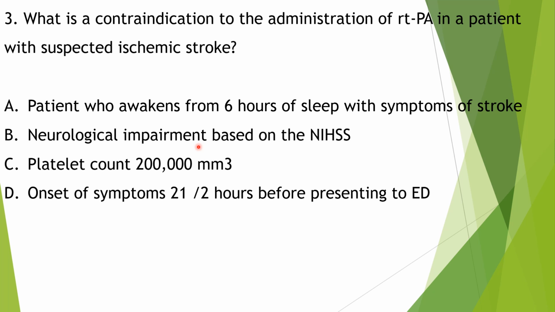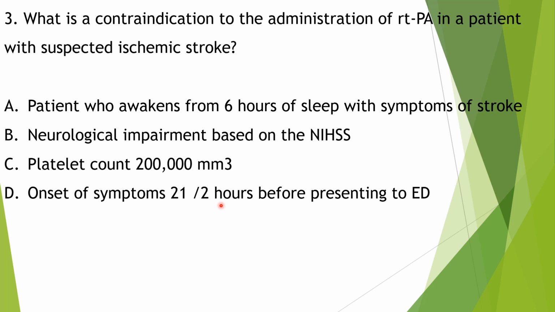No hemorrhage on head CT is an inclusion criterion. Time since the patient was last seen to be normal is within 3 or 4.5 hours before the IV RTPA infusion was begun. So the time of onset, since the patient was last seen to be normal, within 3 or 4.5 hours, that also is an indication.